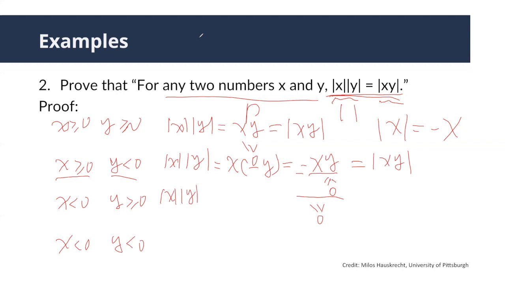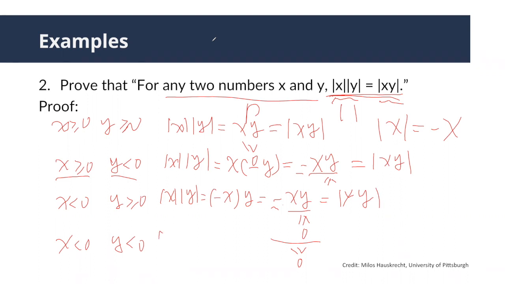Third case, since x is negative, the absolute value of x is equal to minus x, and the absolute value of y is just equal to y. Then we can argue that since x is negative, y is non-negative, similar to the second case, this one is non-positive, and then since you have this minus sign in front of it, this whole value is non-negative as well, and you know it's definitely equal to the absolute value of x times y.